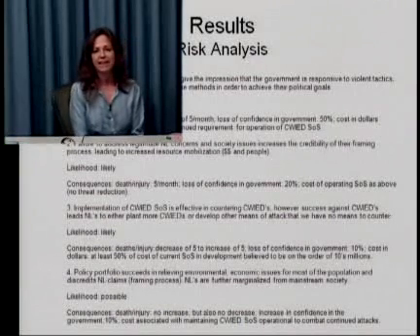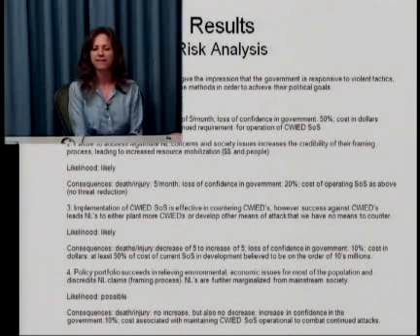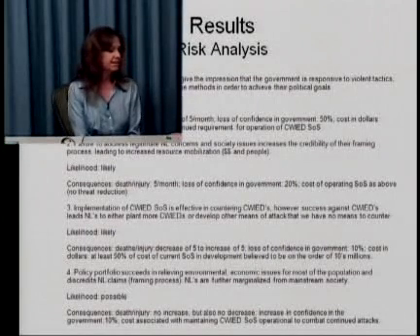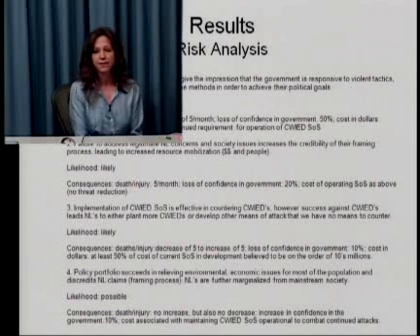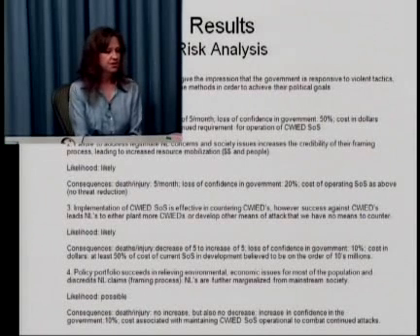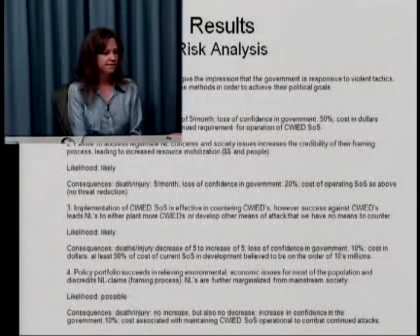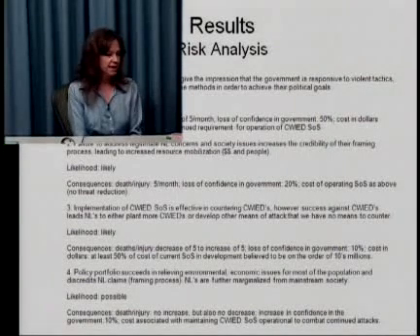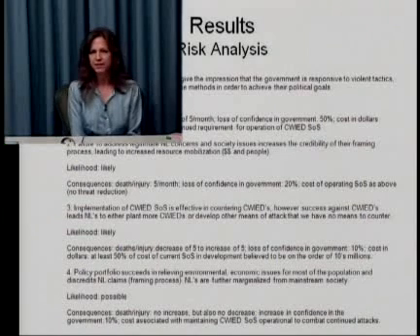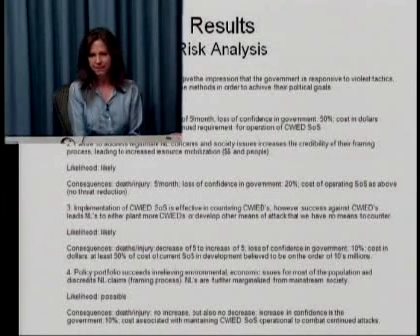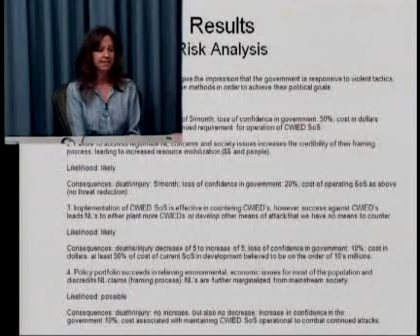We believe that is likely if we don't do anything to address the root cause of the violence. Consequences, deaths and injury, it could be anywhere from a decrease of 5 as the system works to an increase of 5 as they either emplace more IEDs or find other violent methods. Loss of confidence in government could be as much as 10% as this very expensive system of systems that we've emplaced begins to lose effectiveness.